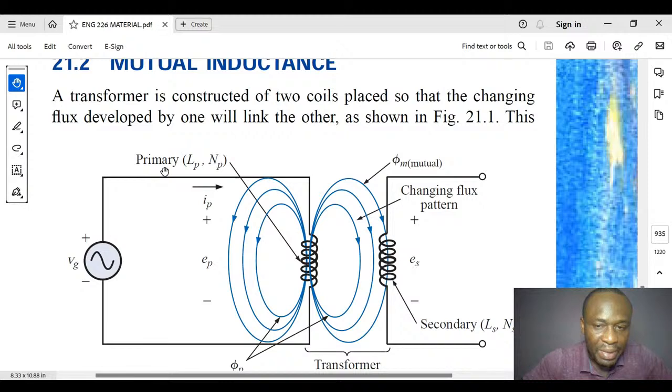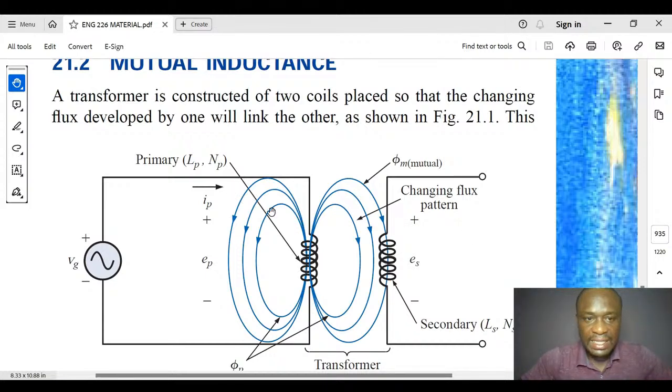And this is the primary side embodying the voltage source. This N here is the number of turns. N is the number of turns.